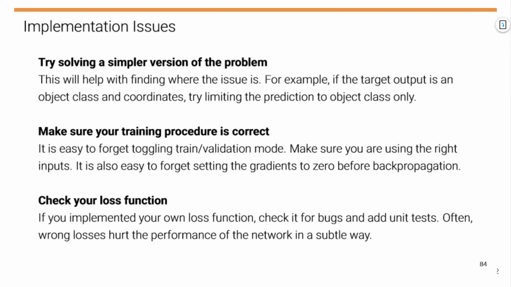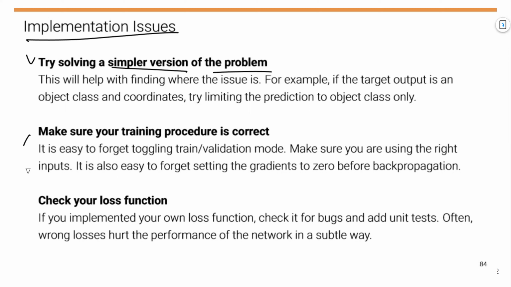Therefore, try to make clean code and develop the AI models following the software engineering processes. So try solving a simpler version of the problem and then move on to the bigger one.